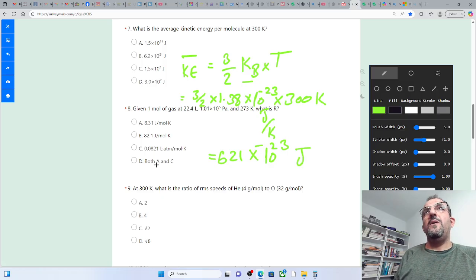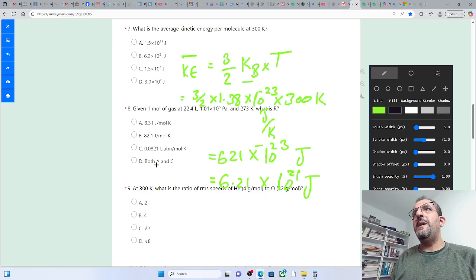Okay, or in other words, we have 6.21 times 10 to the power 21 joule. Let's double check here.